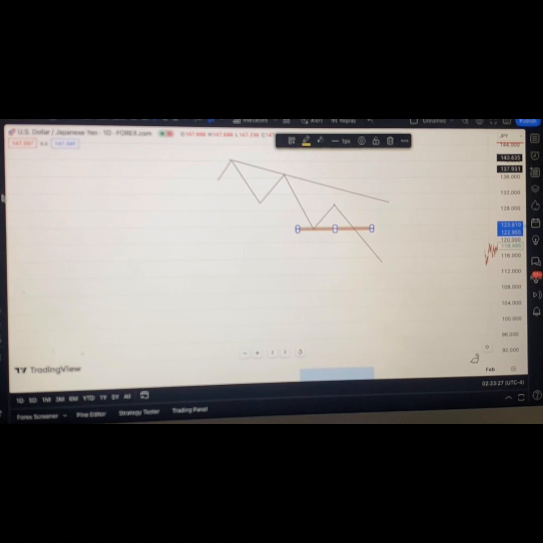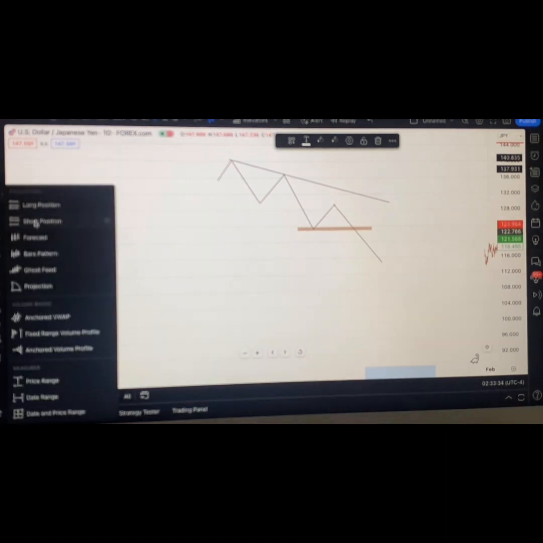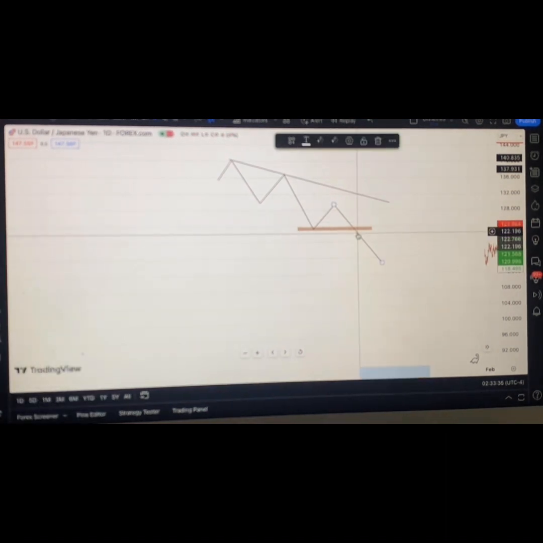I'll bring in my short position. I don't know what's wrong. I'll wait for market to break this line, then I sell, then take my profit somewhere. So that's how it works.